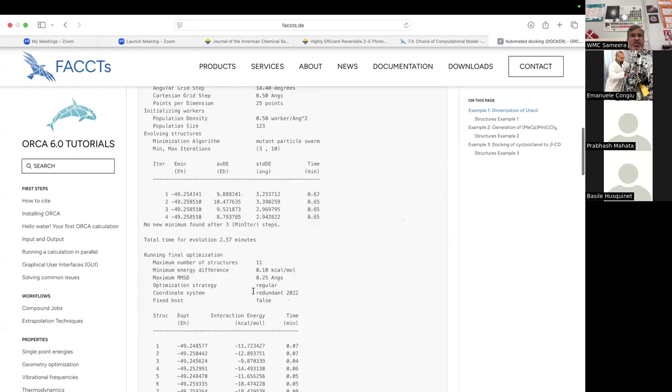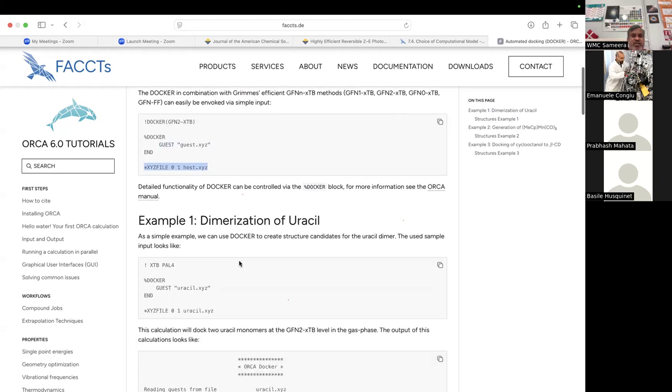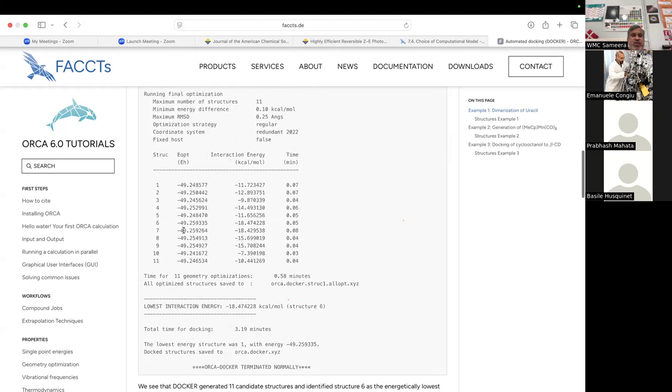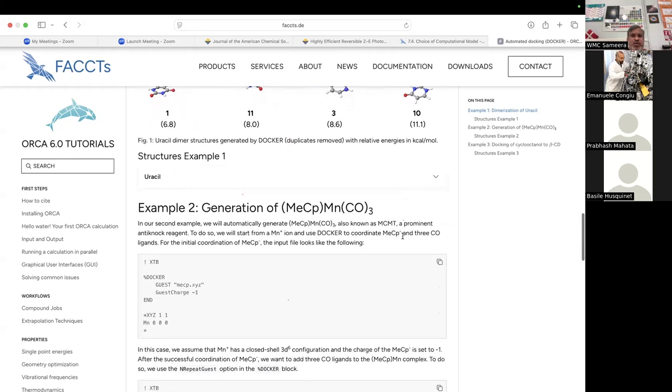Here you can see, for example, in this system, we give the guest structure and also the host structure, and then ask them to interact with each other. And then the computation gives different possible combinations of structures, and then you can pick up the most stable structure, and then you can look at the relatively stable to unstable structures, and you can collect interesting information.